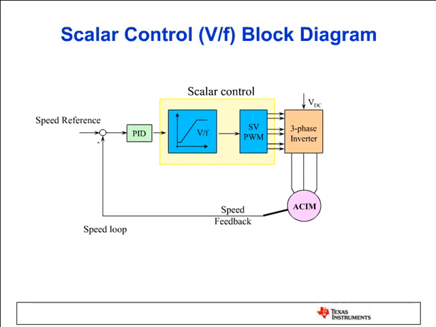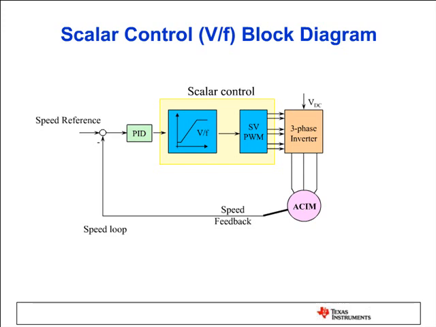So here the speed feedback and the reference are compared, and the error is fed to the PID block, and the PID controls the voltage and the frequency. This V/F block is nothing but a lookup table. So the PID makes the decision depending on the amount of error and picks one of the values here. Then the reference voltage values are sent to the space vector PWM, and the PWM circuit creates the PWM waveforms.